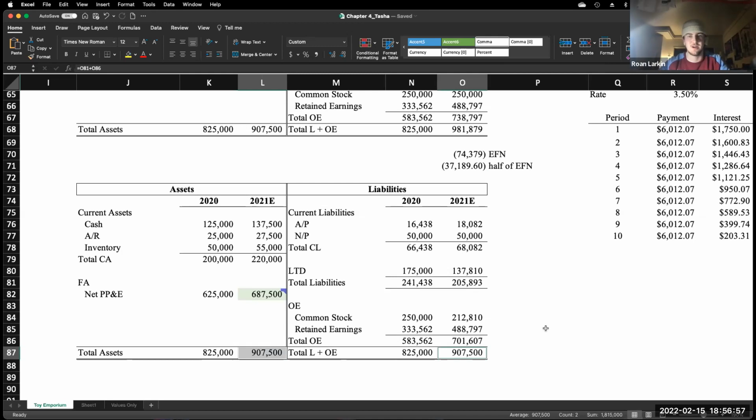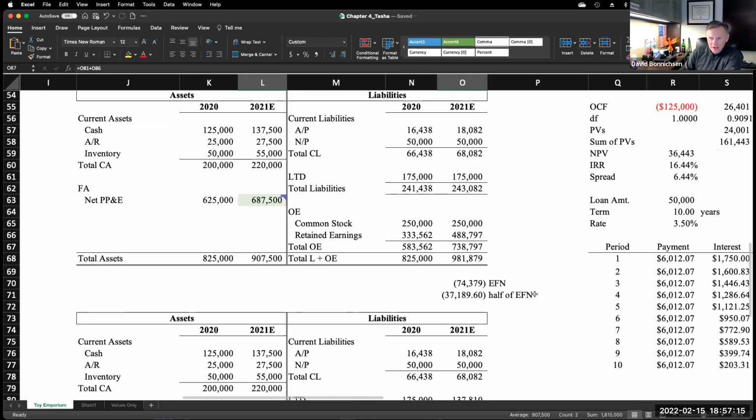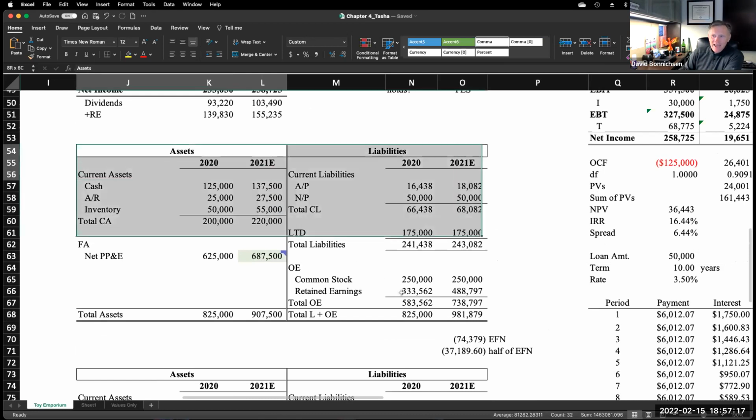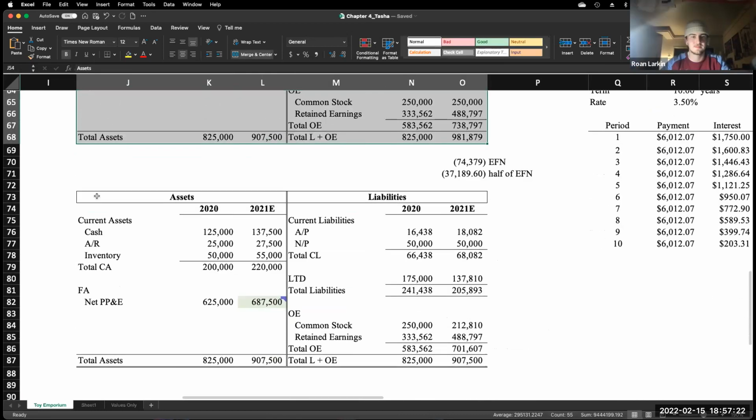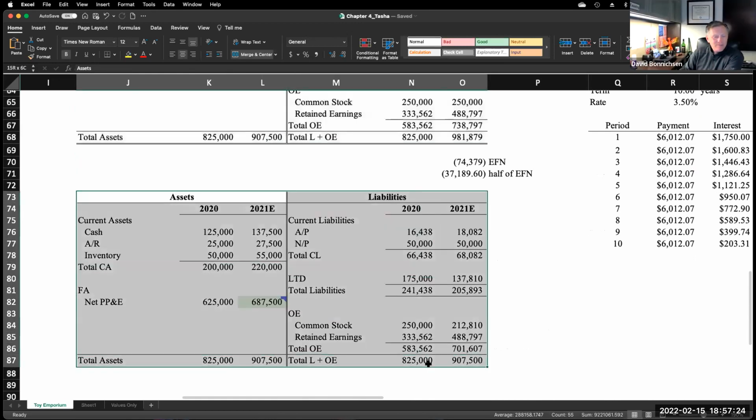Any questions? I tried to plug that number into long-term debt and common stock, and Excel kept giving me an error. What kind of error did you get? A circular reference? Yeah. So that's why we have an out of balance section and we have an imbalance section.